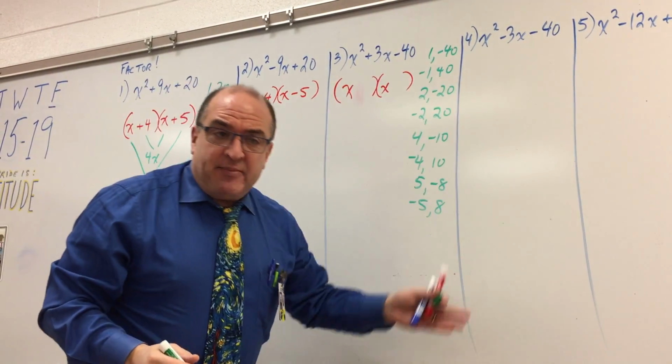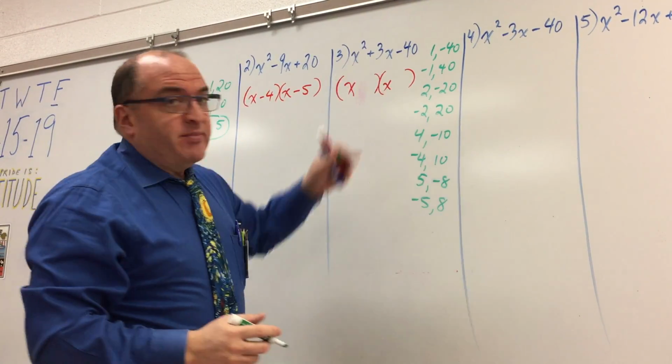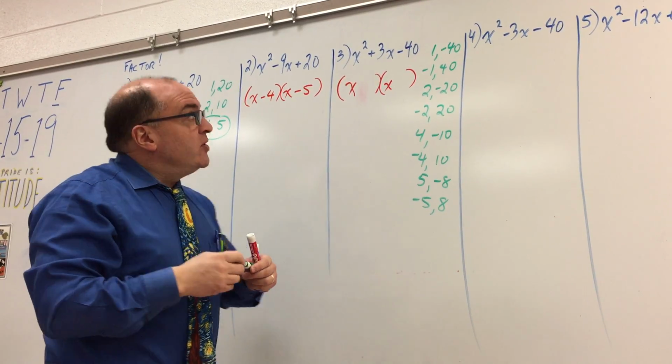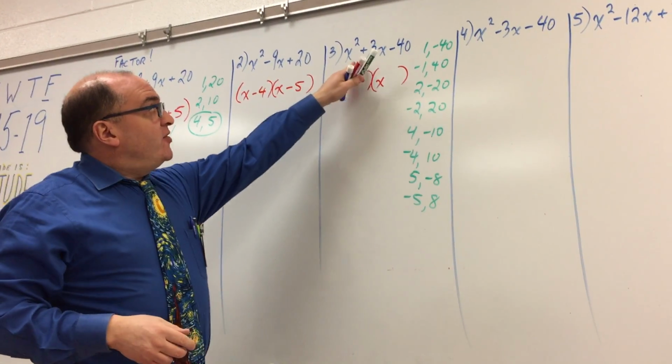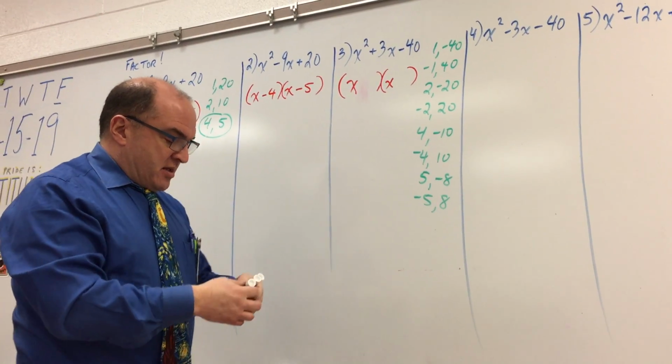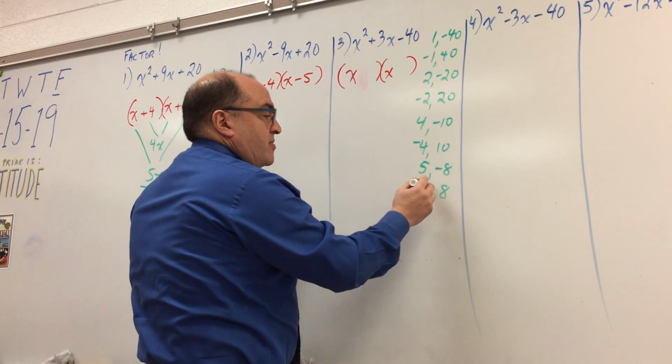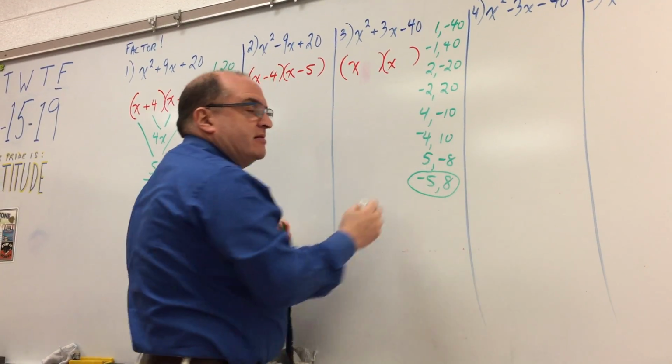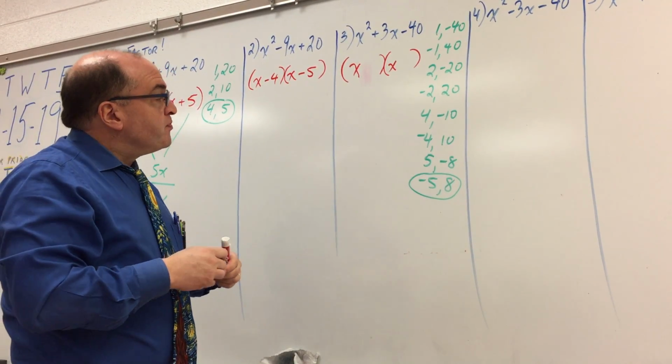All of those combinations multiply to make negative 40, but only one adds together to make a positive 3. Which one is that? Negative 5 and 8.